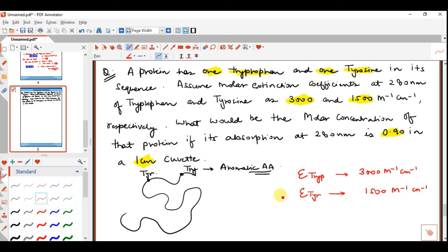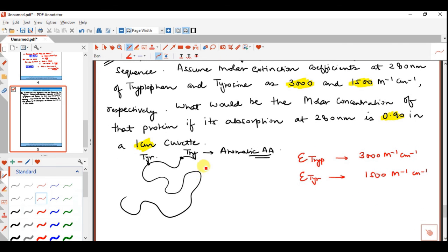Since only these two would be absorbing, if I want to calculate the total molar absorptivity coefficient, how would you calculate it? I can just multiply the number of residues of tyrosine with its molar absorptivity coefficient and the number of residues of tryptophan with its molar absorptivity coefficient. So this needs to be done.